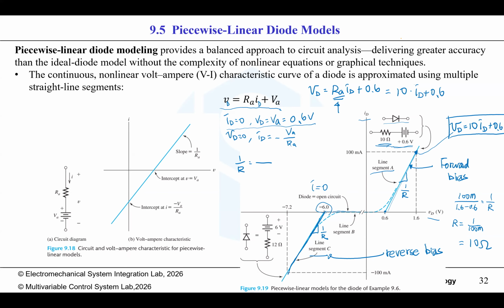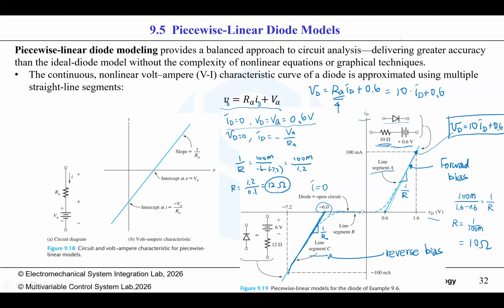It rises by 100 m, and then this is minus 6 to minus 7.2. So it should be 100 m divided by 1.2. So R equals 1.2 divided by 0.1, which is 12 ohm.